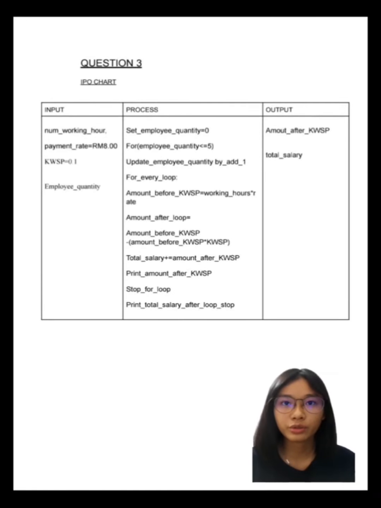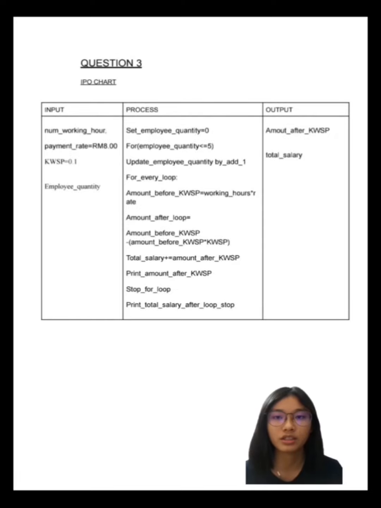Next, for question 3, we also need to create an IPO chart and a flowchart. For this question, we need to use the repetition control structure, which is the for loop, to solve it. For the IPO chart, to print the output, which is amount after KWSP and total salary, we need to assign our input, which is KWSP equal to 0.1, number of working hours, payment rate, which is equal to 8 ringgit, and the last one is employee quantity.